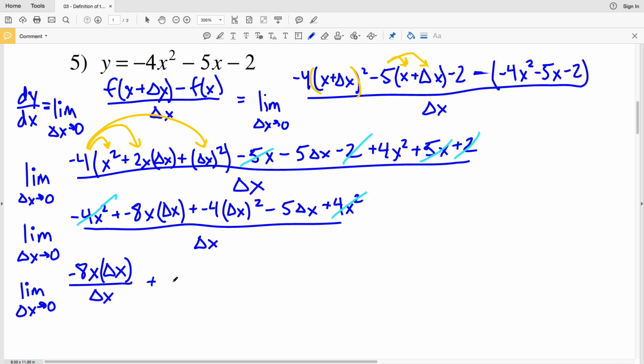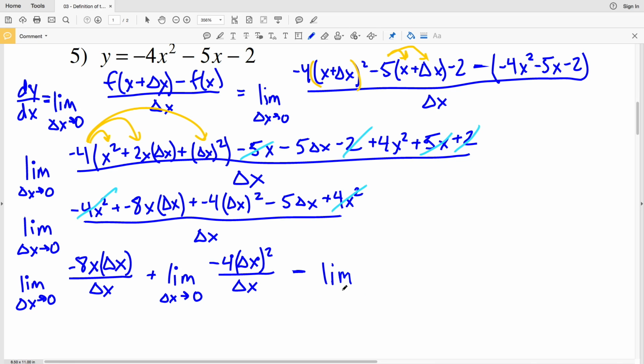And then I'm going to add that to the limit as delta x approaches 0 of negative 4 times delta x squared all over delta x. And then I'm subtracting the limit as delta x approaches 0 of 5 times delta x over delta x.